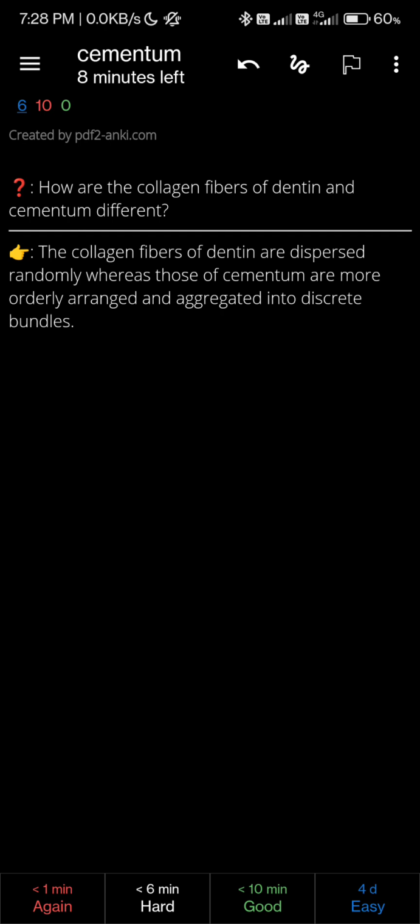The collagen fibers of dentin are dispersed randomly, while those of cementum are more orderly arranged and aggregated into discrete bundles.